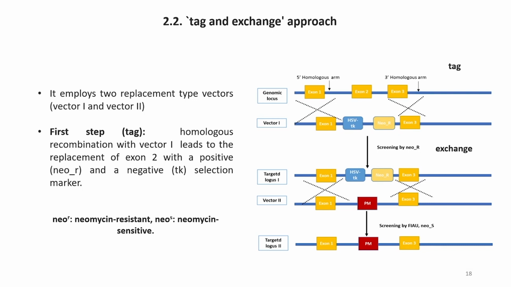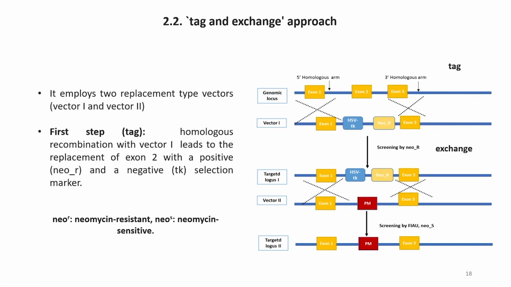And then similarly you have the HSV-TK and neo-R selection markers which lie between exon 1 and exon 3, and due to the homology of these regions there will be homologous recombination.